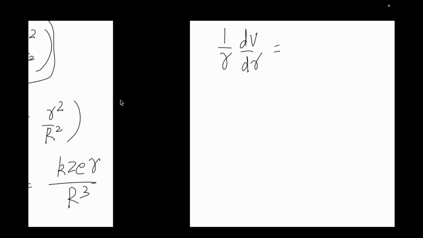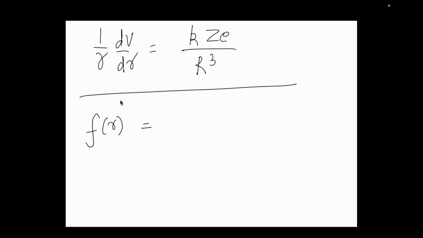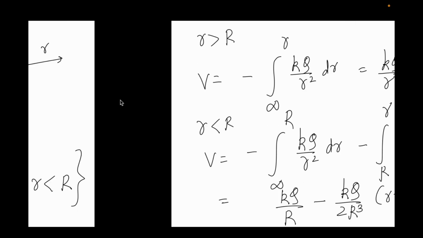So if you look at 1 by r dV by dr, it is nothing but a constant. So in this case, your f of r would be proportional to a constant. So it has to be option A.